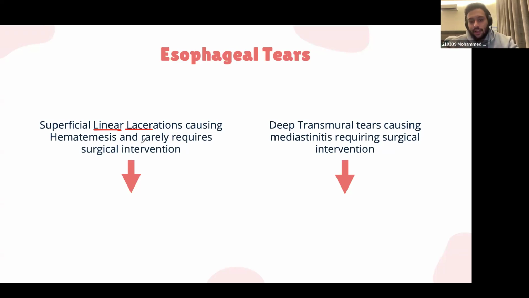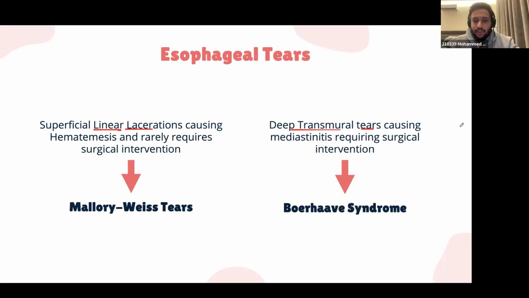Less severe than the other thing, which is deep transmural tears that usually will rupture the esophagus, causing mediastinitis. You need to do surgery, and so on. What is the second one? Boerhaave syndrome. Perfect.